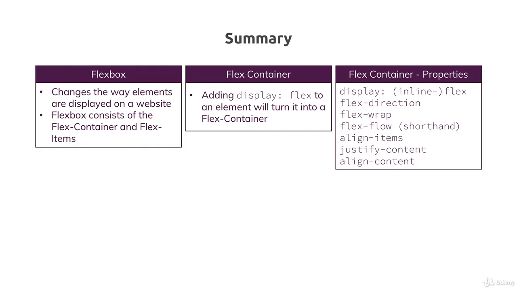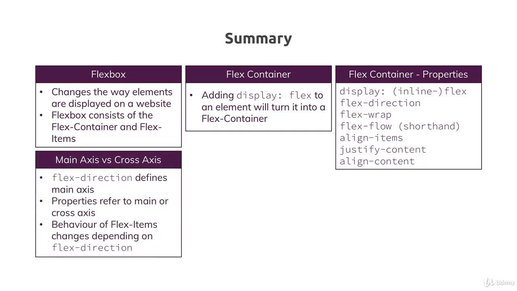When talking about these properties, we of course also had a look at the main axis versus the cross axis. We learned that flex direction basically defines the main axis, so if this is the row or the column, and the properties we applied to our flex container also depend on the main axis and the cross axis we had, which therefore also meant that the behavior of the flex items coming with the properties we used is also highly dependent on the flex direction property.